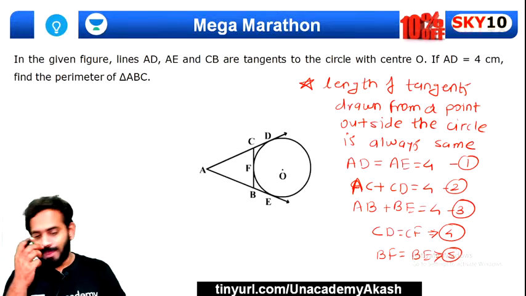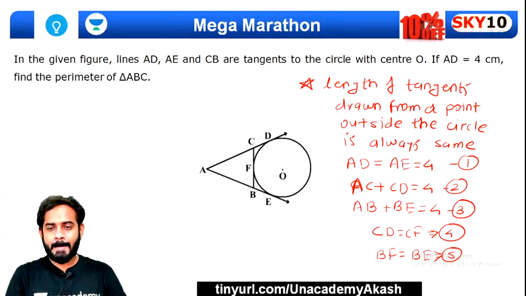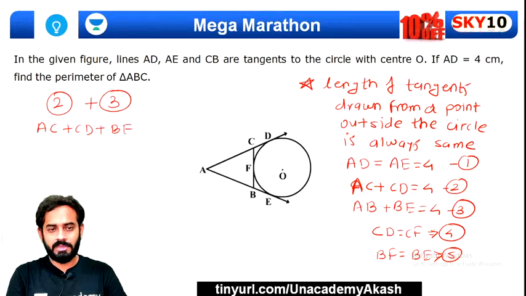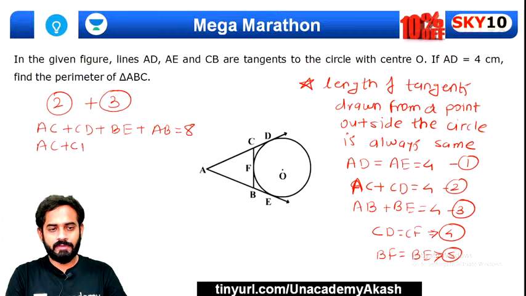Okay. Now what we can do here is add 2 and 3. So what will you get? AC plus CD plus BE plus AB is equal to 8. Now replace CD with CF and replace BE with BF.